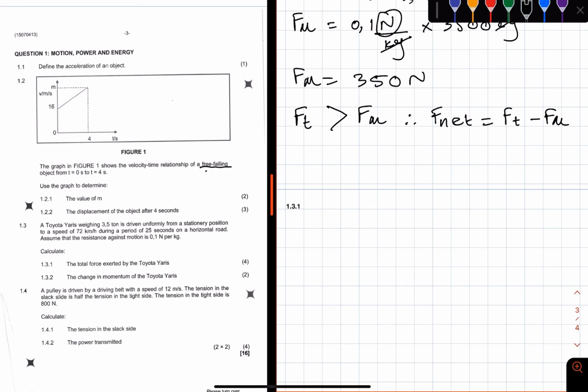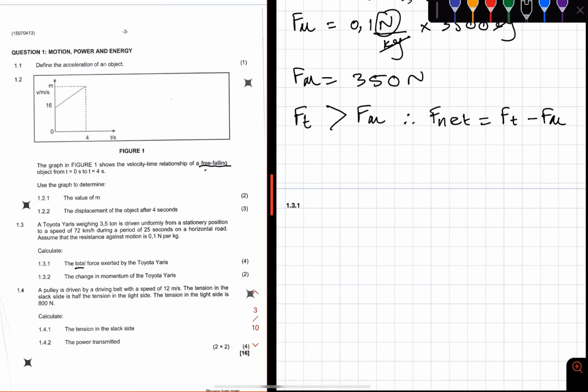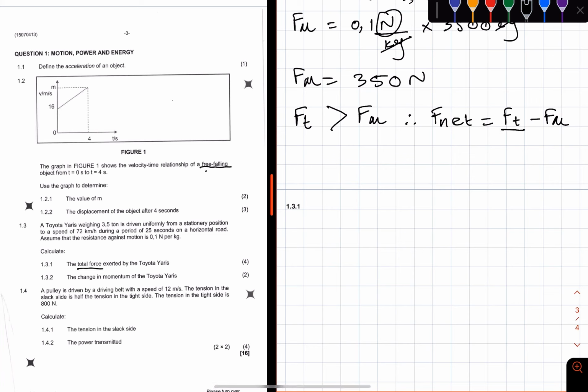They're looking for the total force, F sub T. Going back to this, F net is equal to F sub T minus F mu. We are looking for the total force exerted, which is F sub T. We have F mu, but we do not have F net, but we can get F net.